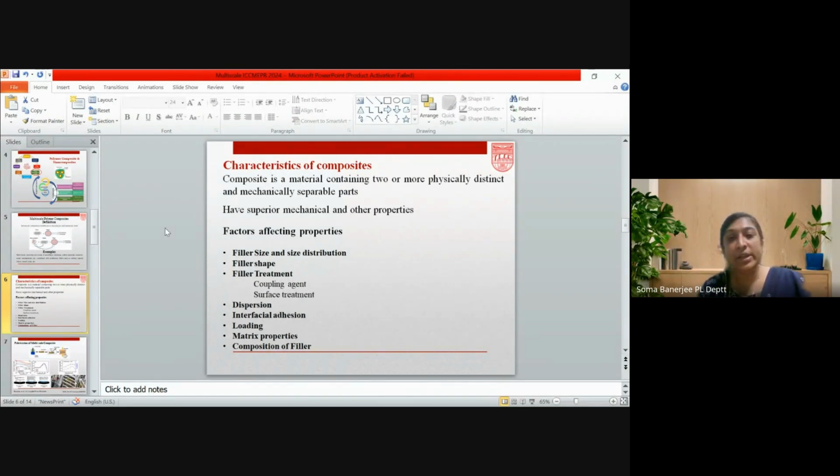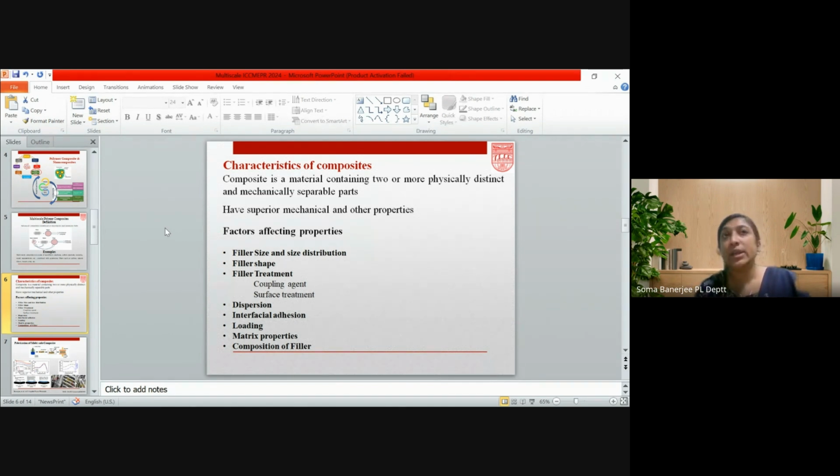First, the size of the filler or the size distribution, that means whether the reinforcement has nanometric size or micron size. Second, the filler shape, whether it is in the form of a particle, whiskers, or fibers, etc.